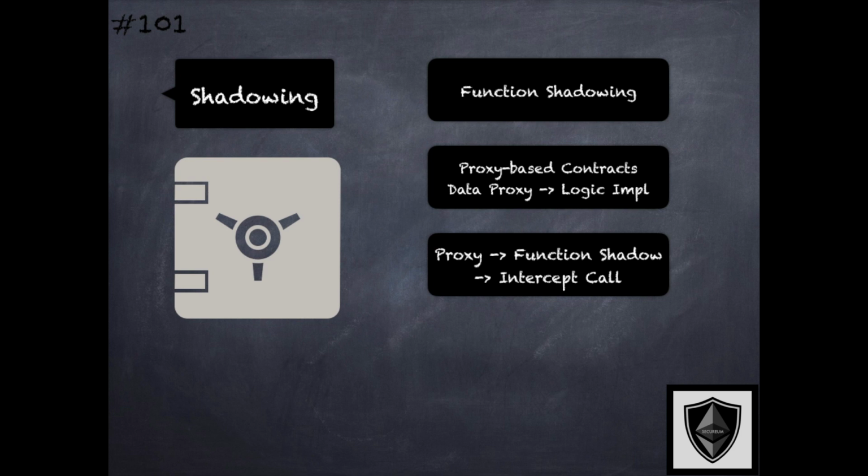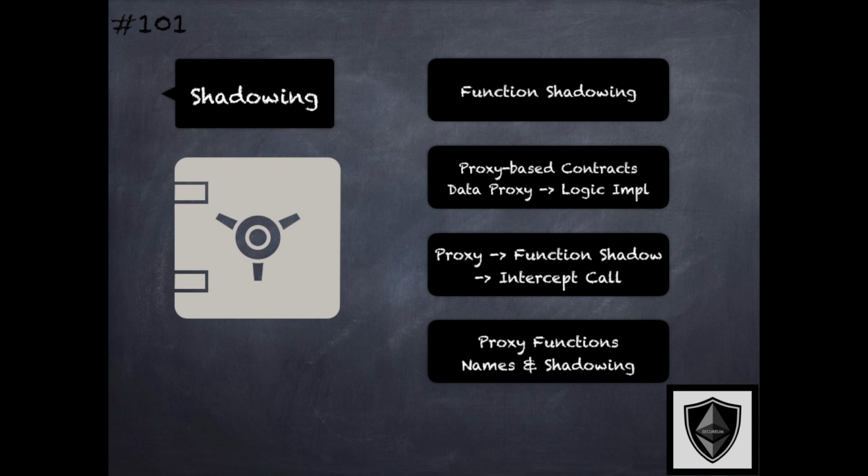In such a scenario, the function dispatcher would simply call the proxy contract function instead of forwarding it to the implementation contract. And this way, a malicious proxy can intercept or hijack calls instead of delegating it to the implementation contract and exploit this aspect to cause malicious behavior.